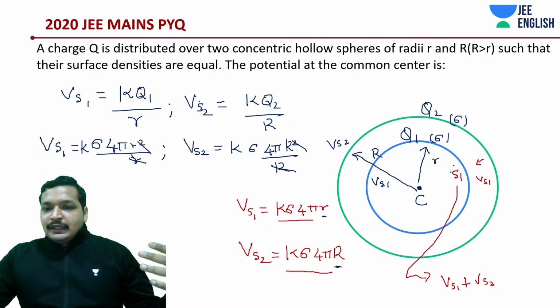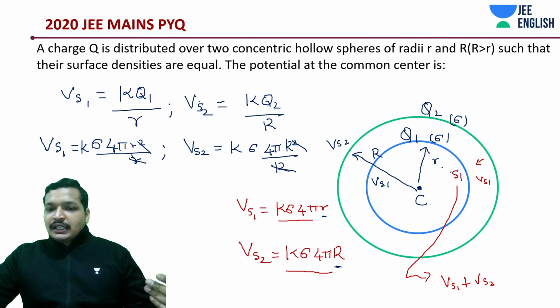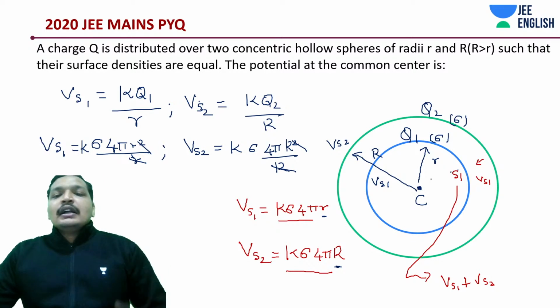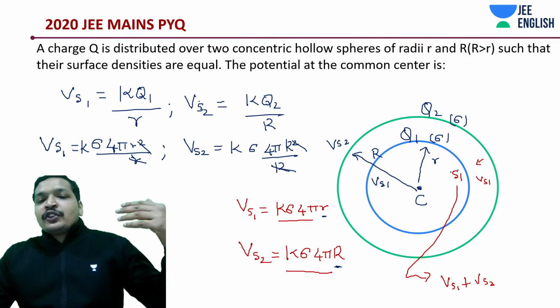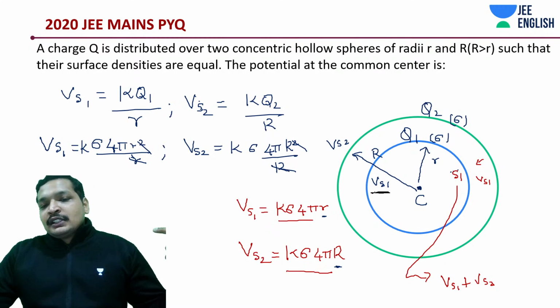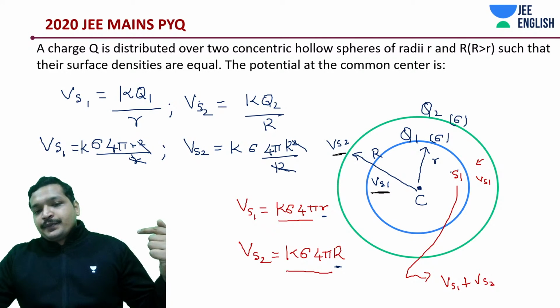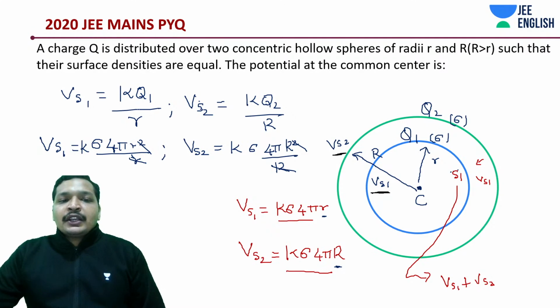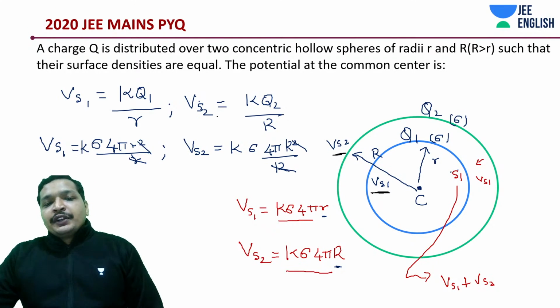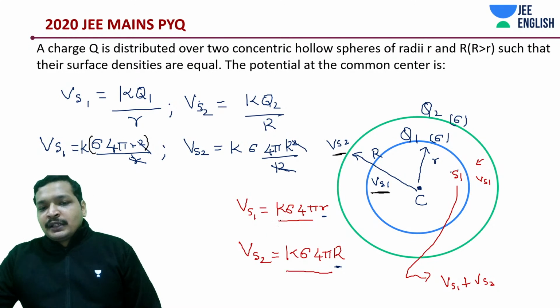We said that for any point on the shell and inside the shell, the potential is going to be the potential due to surface 1 plus that of surface 2, due to individual shells. And what is the potential on surface 1? kq1 by r. That is k into sigma into 4 pi r square, which is nothing but q1. This is the value of q1 that we got. r and r get cancelled. This will come out to be k into sigma into 4 pi r.